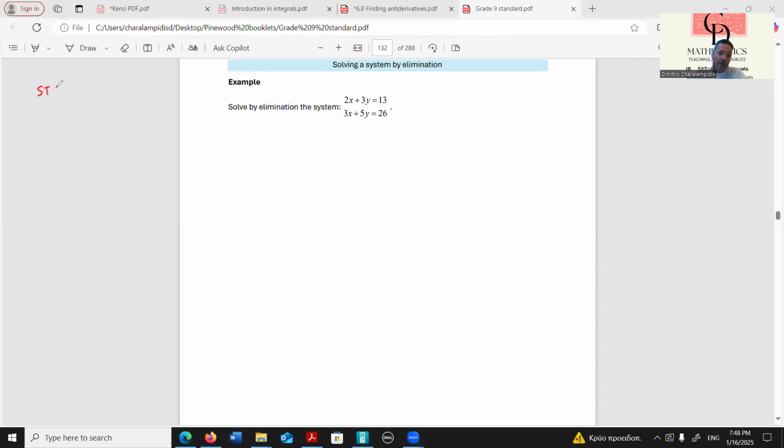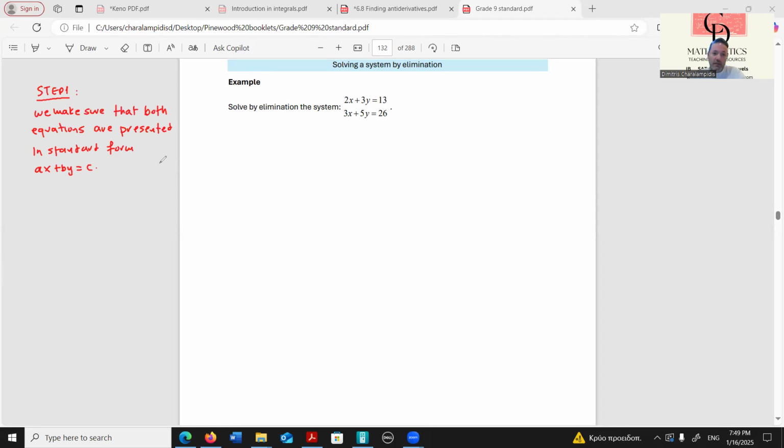In step one, it's the setting step in which we make sure that both equations are presented in standard form. And when we say standard form, I mean in the form ax plus by equals c.